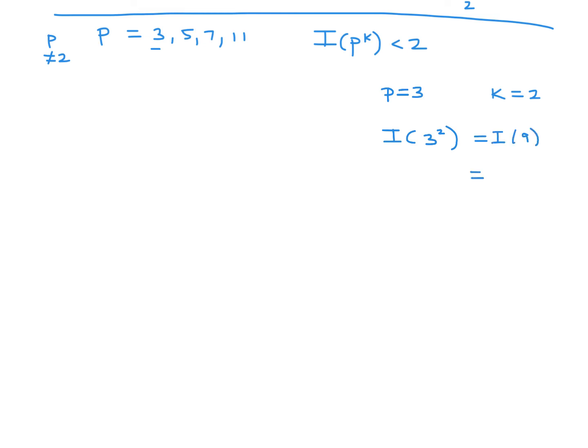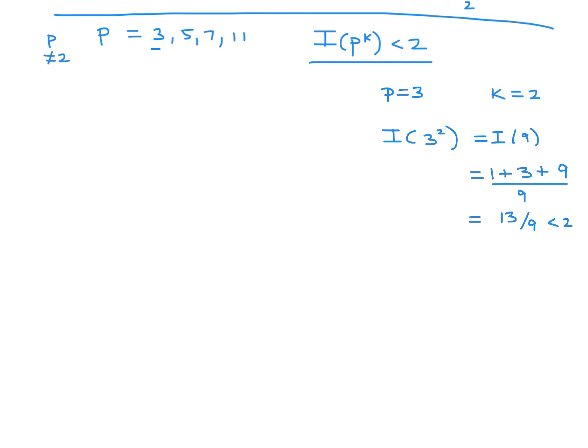You take the divisors of 9, which are 1, 3, and 9, add them, and divide by 9. So this is 13 over 9, sorry, not 14. And that is indeed less than 2. We haven't proven anything, but we have shown that for at least one example, it's true.